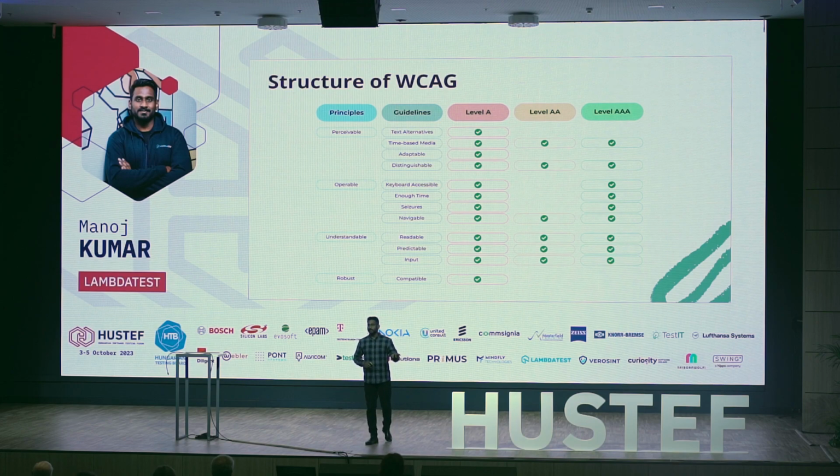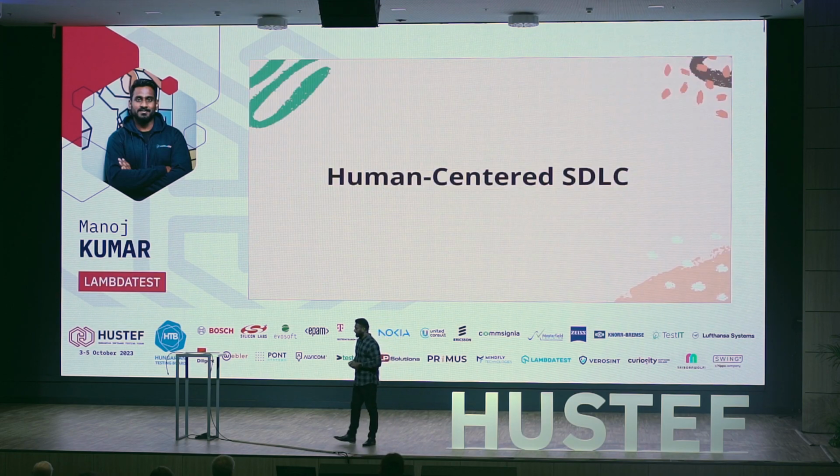Be it logging in to your application, putting your product in a cart or buying a product. Use this journey, whatever functional flow of your application, with just the keyboard. That's one way of checking. Mostly 70 to 80% of the times, you'll not be able to move, because that's an example of bad accessibility. And that's how you should start approaching accessibility.